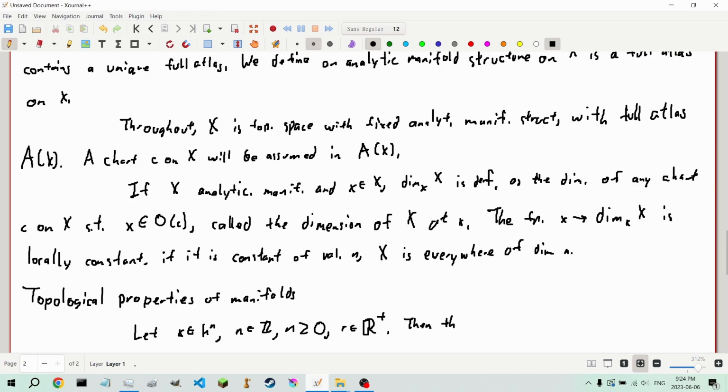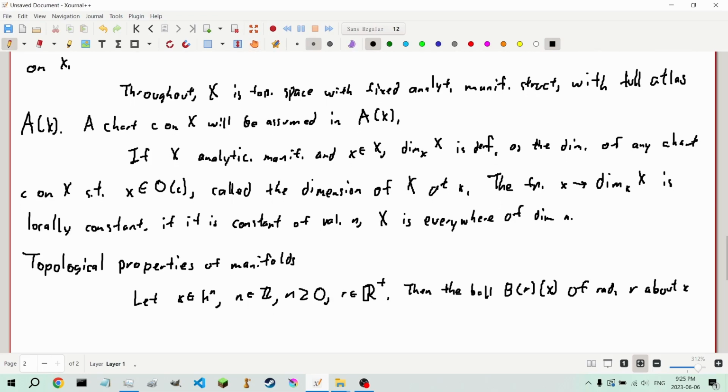Then the ball B_r(x), real ugly notation here, of radius r about x is the polydisk, essentially just uniform in all directions. We'll call it P of S of x, where S is just n copies of r.